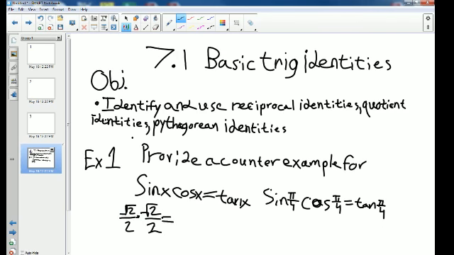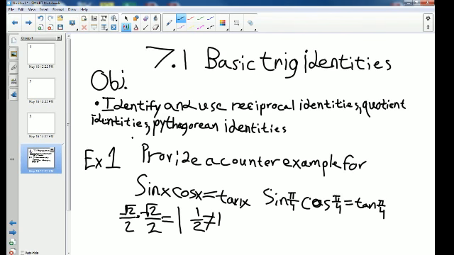Equals tan pi over 4, which would be 1. Because the square root of 2 over 2 divided by the square root of 2 over 2, since tan is sine over cosine. And the square root of 2 over 2 times the square root of 2 over 2 is 1/2, which cannot equal 1. So that would be your counterexample.